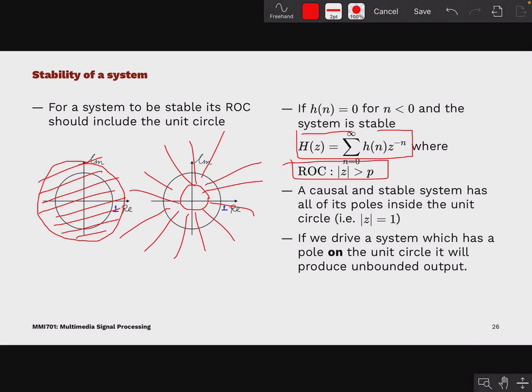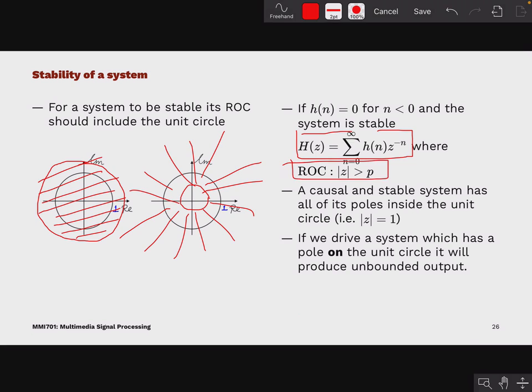But if we drive a system which has a pole on the unit circle, it is going to produce unbounded output. So it's going to be critically stable, or it may act as an oscillator as such.